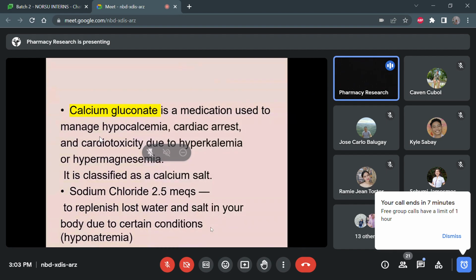So, it is hypertonic. It is to replenish plasma and salt in your body due to certain conditions.